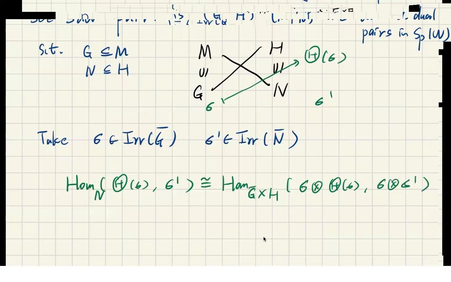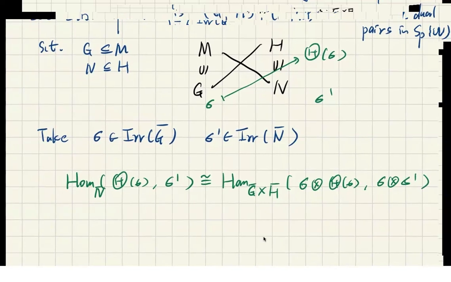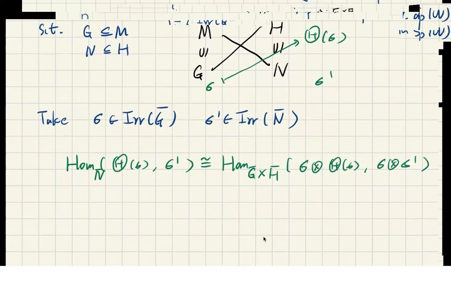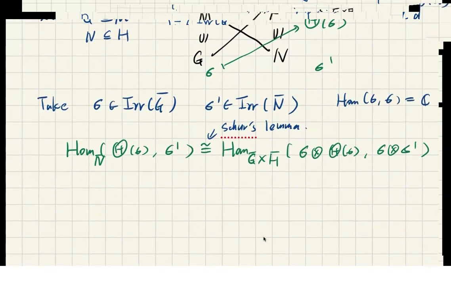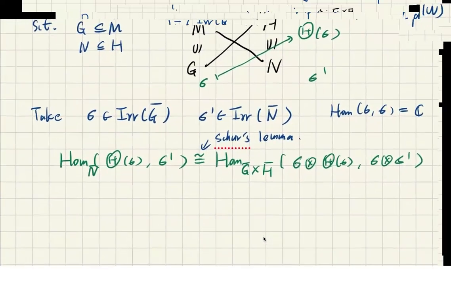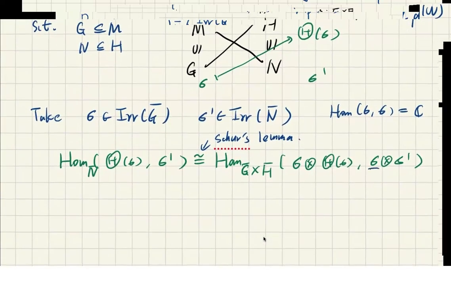Okay, so I think I should write a bar. So I think I should put bar everywhere. Okay, so this is obvious because this is Schur's lemma, right? For in our setting, which says that the Hom of sigma is just a complex number. Okay, and then you see that for this representation, G bar acts by sigma.